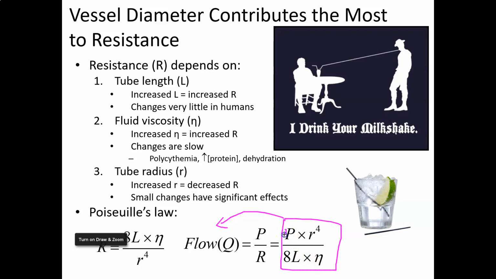Well, it would be 2P over 2N, and the 2's would cancel each other out, so it wouldn't change at all, as an example. Those are the types of things you have to look at in figuring out the relationship between pressure, flow, and resistance.